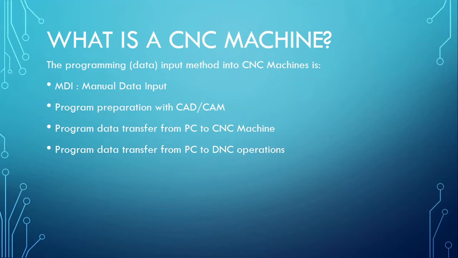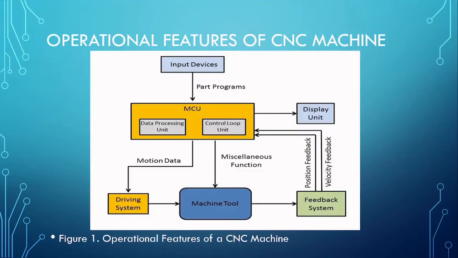So that's another means by which you can get your part program prepared for a CNC machine. Also, programming data from a PC to the CNC machine. So you can write your codes on your computer and send it to your CNC machine. Then also program data transfer from the PC to the DNC operation.